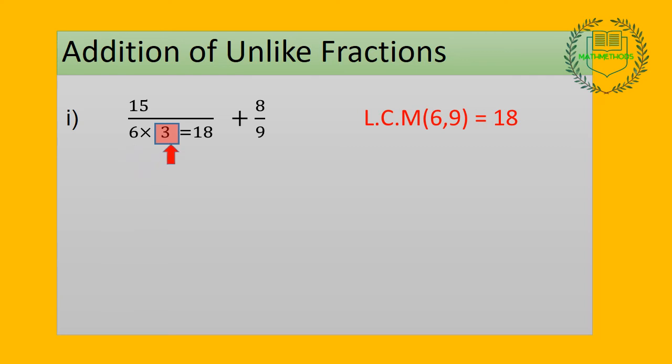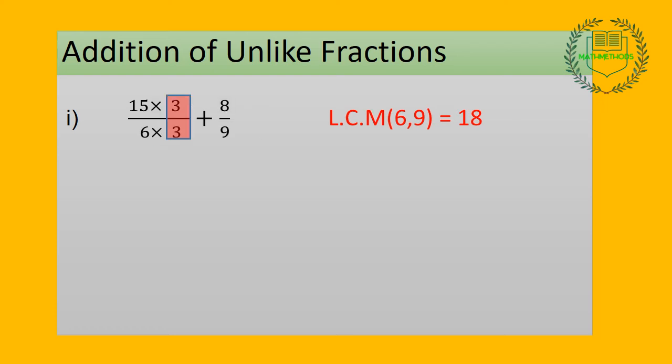And we know 6 multiplied by 3 equals 18. Now since we have multiplied the denominator by 3, we must also multiply the numerator by the same number, that is 3, so that the value of the fraction does not change.